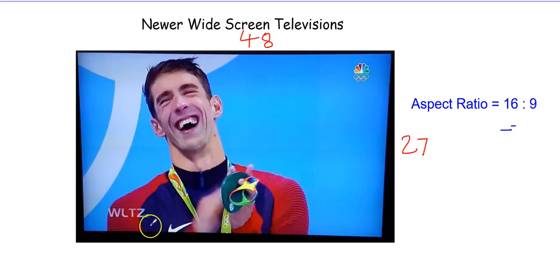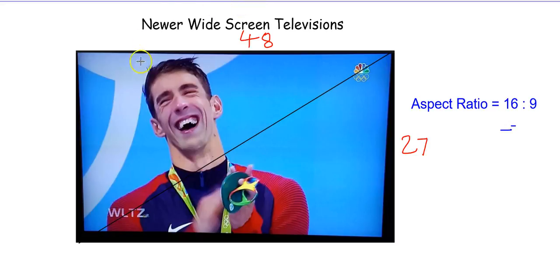And if I want to find its size, what is the size of your television? If you want to know, you have to find the length of this screen from one corner to the other corner. So how do you find this?